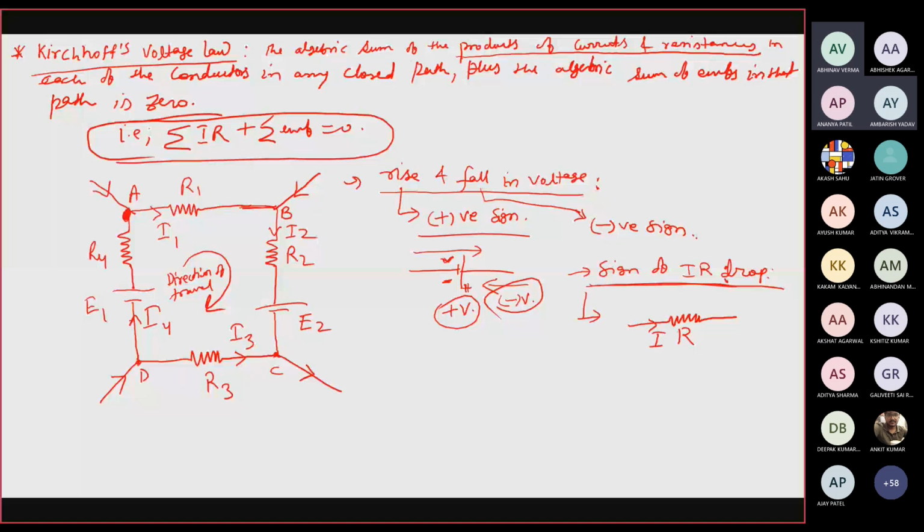If we travel through the resistor in the same direction as the direction of current, that is in this case from left towards right, then there is a fall in potential. Why? Can anybody tell?